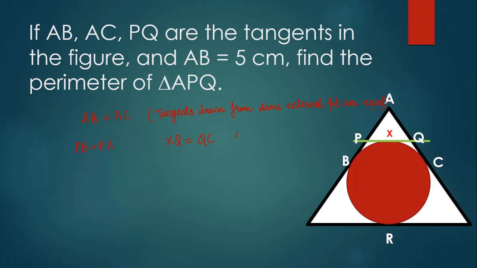The reason is the same. Now we want to find the perimeter of triangle APQ. This will be AP plus PQ plus AQ. PQ can be written as PX plus XQ. Let's name this equation 1.